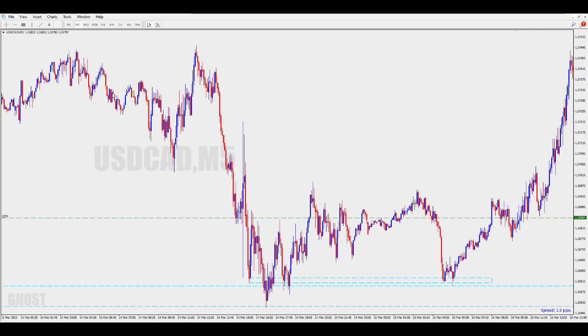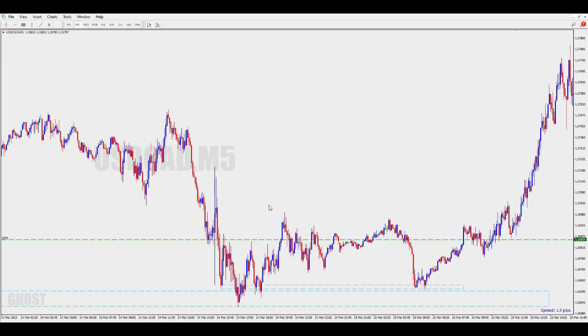movement, right? But what you can do is take, in these cases, a 1 to 3 or a 1 to 5. So you would enter around this area and put your stop loss below the low, so that's like 10 pips, 15 pips, right? And you can do 1 to 5 easily, right?